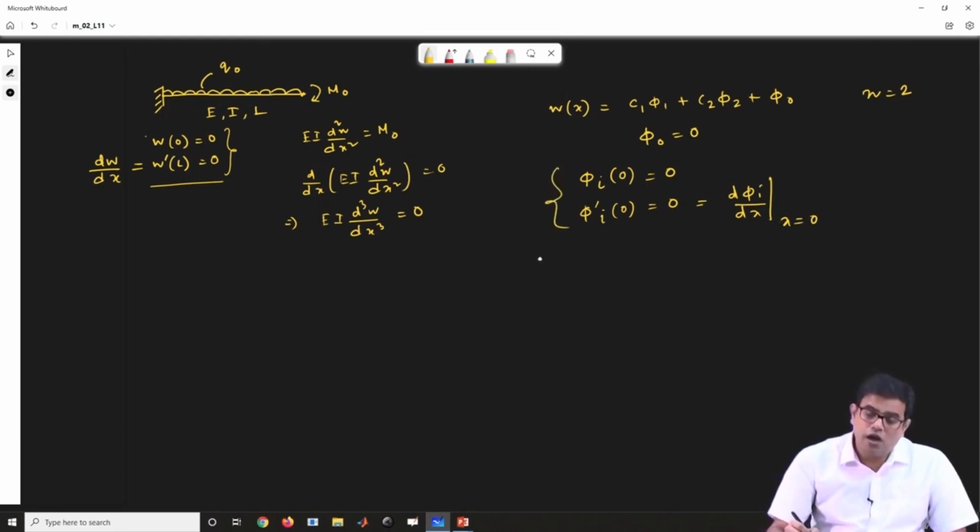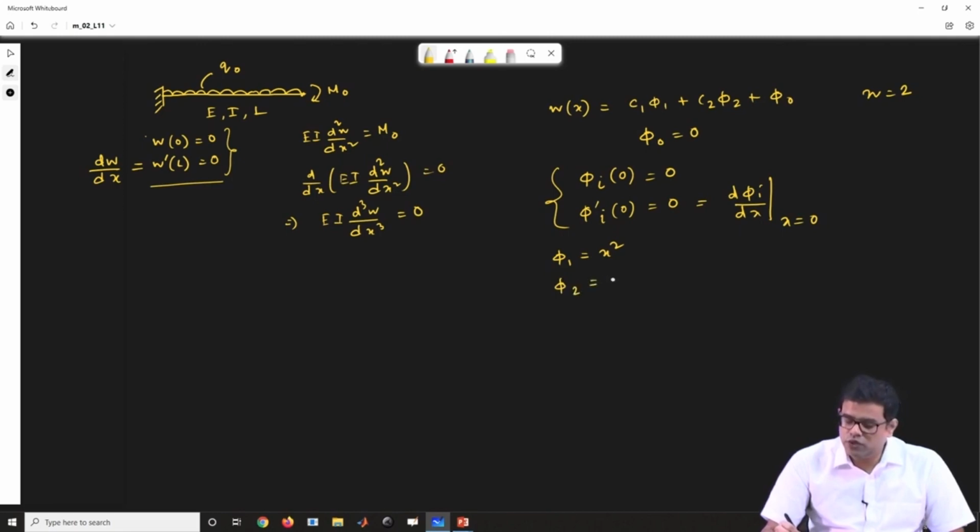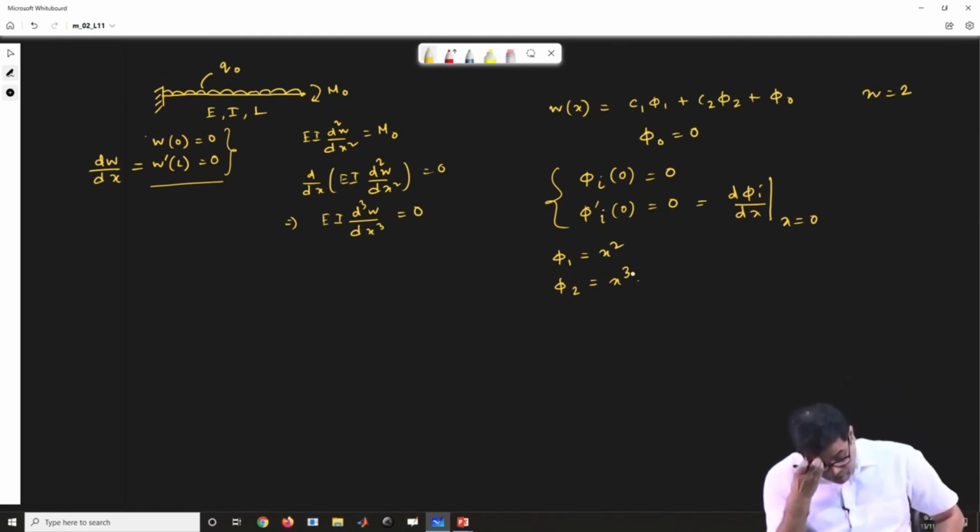Now what is the simple choice for phi i's? Suppose I choose phi 1 as x square. It satisfies this homogeneous admissibility condition. Similarly phi 2, if I take x cube, I can also find that this satisfies the admissibility condition.